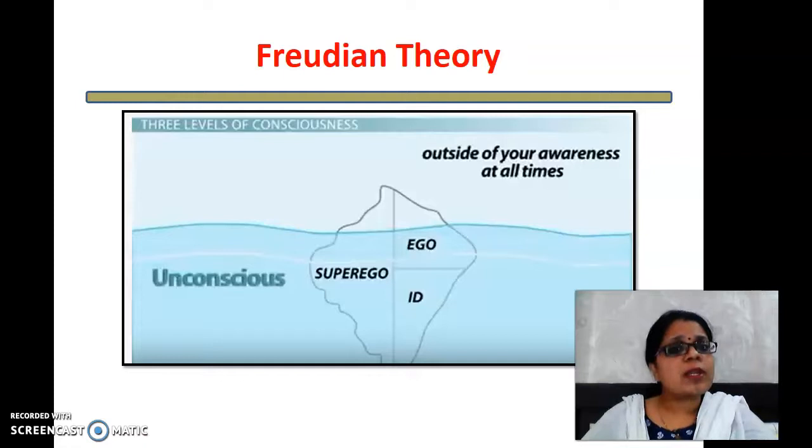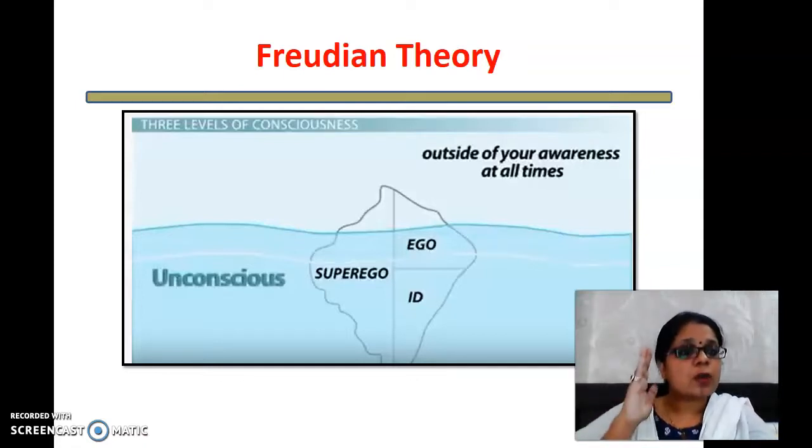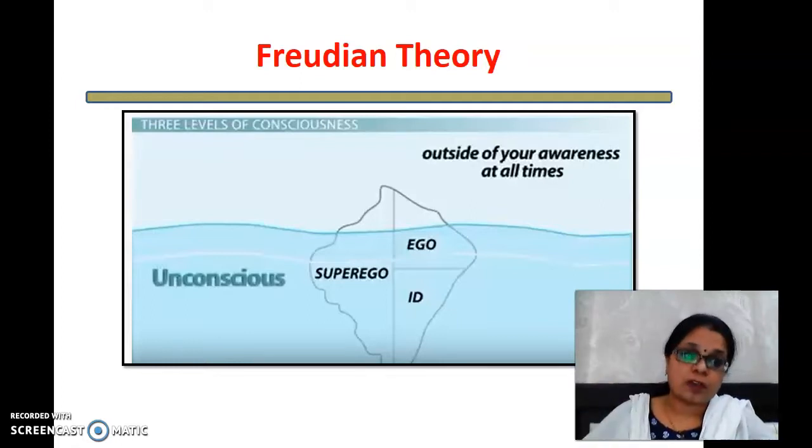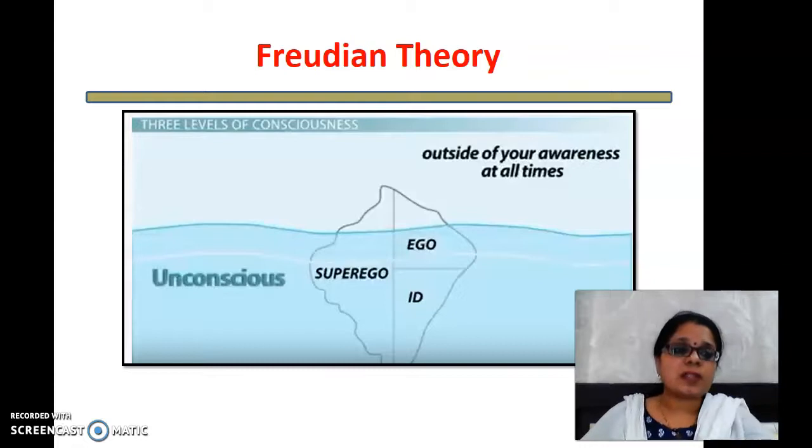So Freud compared the psychological aspect, or the consciousness of a consumer, with the iceberg. He believed that we as consumers or marketers can only see 20% of the consumer consciousness, which is visible to all of us. The remaining 80% is immersed, so we are not able to see that.